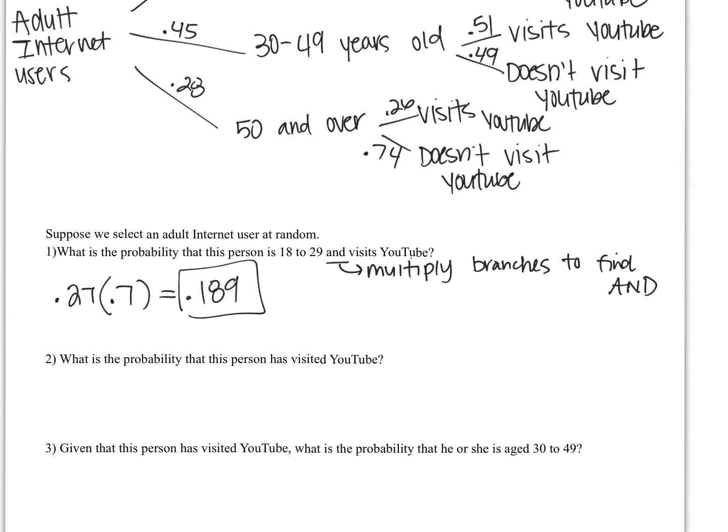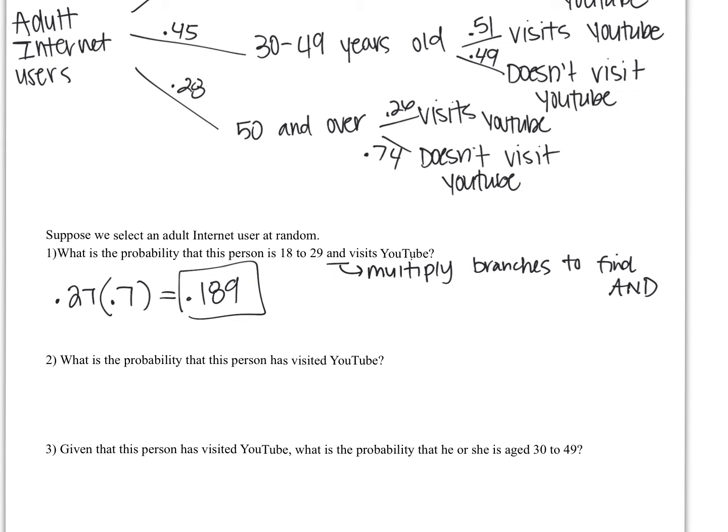Okay. Next, we want to find the probability the person has visited YouTube. So that is probability you're 18 to 29 and visit YouTube, probability you're 30 to 49 and visit YouTube, and then the probability you're 50 and over and visit YouTube. So we're going to have to do a lot of multiplying.